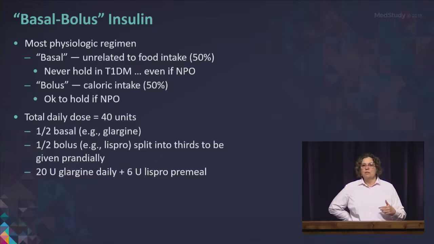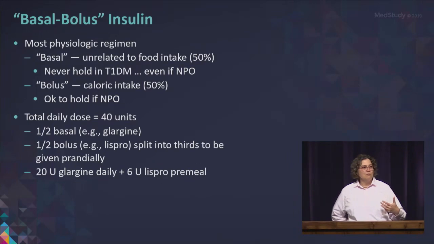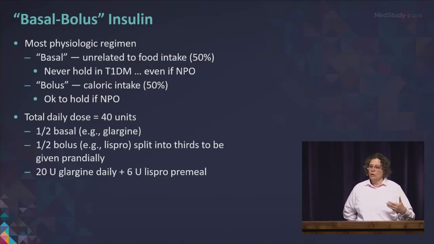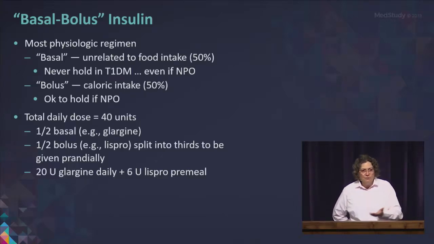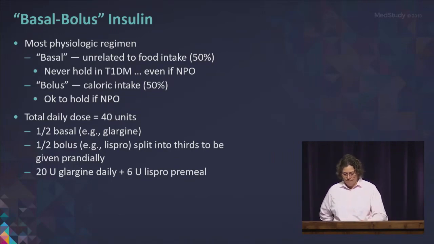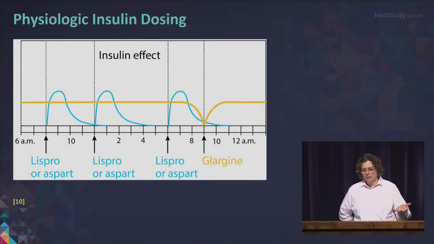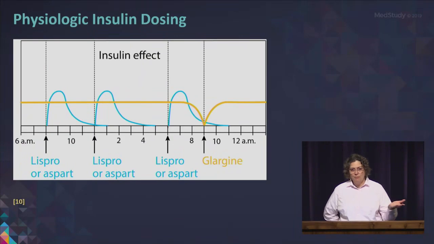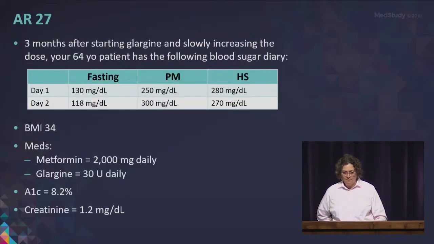So for example, if somebody requires 40 units of insulin a day, what would be considered physiologic is 20 units of basal insulin and 20 units of mealtime insulin, divided for the 3 meals. So maybe 7, 7, 7 for breakfast, lunch, and dinner, or 6, 6, 6. And what it looks like here is the yellow line is our basal, controlling hepatic gluconeogenesis, and our prandial is to target the meal excursions that are happening.